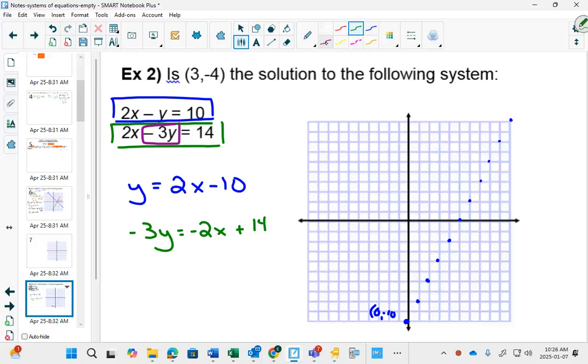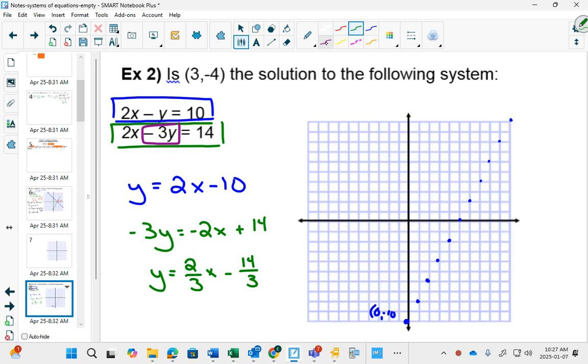How I got the minus 3y by itself. The minus sign stays with the 3. Sometimes we have to be careful with that. Okay. Now, if I wanted to get y by itself, I would have to divide by a negative 3. Negative 2 divided by negative 3 is positive 2/3. And 14 divided by negative 3 is going to be negative 14 over 3.